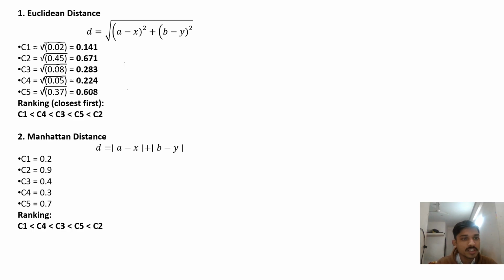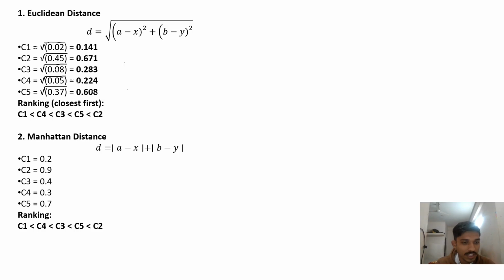Next is Euclidean distance, in which we take the summation of squares of the differences between the query point and the complaints, and take the square root. Accordingly, the distances for C1, C2 and the rest are calculated, and we rank the closest first. Closest first means the value that is smallest. C1 has the least value, then C4, then C3, then C5. Then we calculate Manhattan distance and rank accordingly.